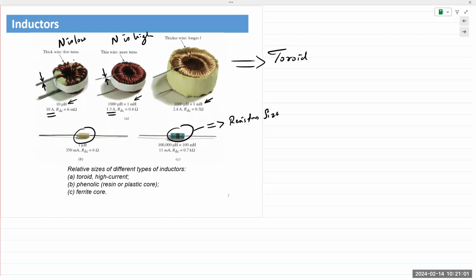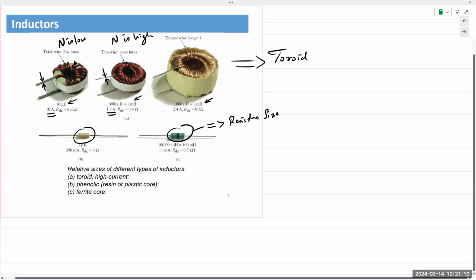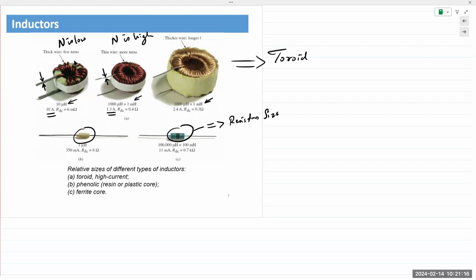Right? The length increases. The length would be measured like this. And the inductor value is inversely proportional to the length. So the longer the length of the coil, the lower the value of the inductance.